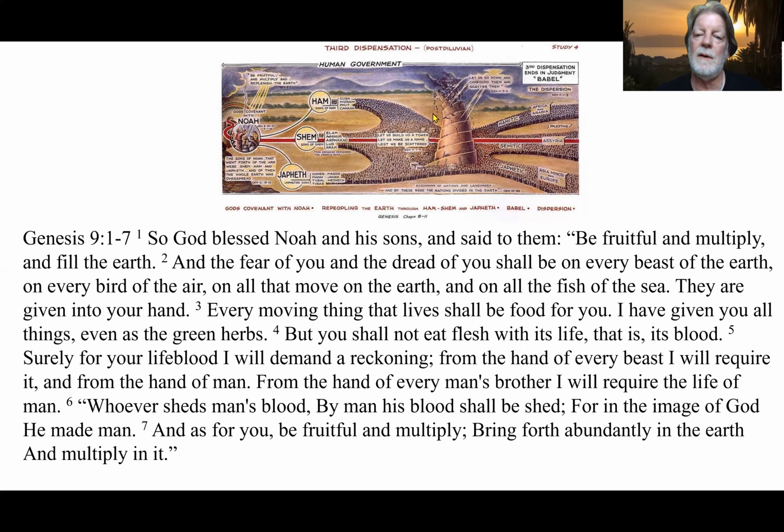So when you get a lot of people together in close proximity to each other, like we see here, you see a lot of godlessness and immorality emerge, and it's just inviting God's judgment.